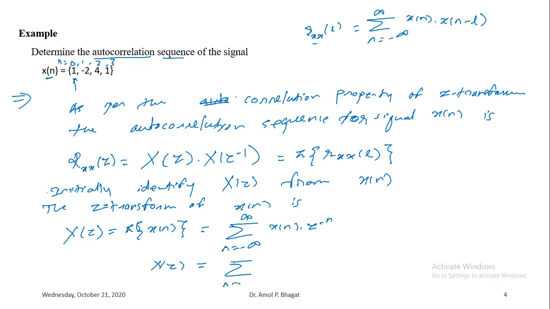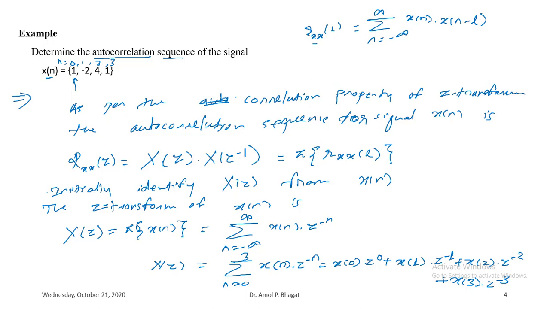So you can take it as n equals 0 to 3 for the summation limits, and you can write x of n into z to the power minus n. Substituting these values, it will be x of 0 multiplied by z to the power 0 plus x of 1 into z to the power minus 1 plus x of 2 into z to the power minus 2 plus x of 3 into z to the power minus 3.